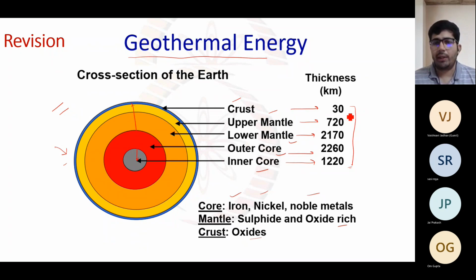So the crust is 30 kilometers. Let's see what the other parameters are. Because the thickness is very high, in the kilometer range, the temperature will also vary accordingly.